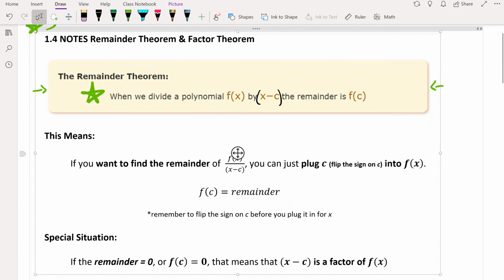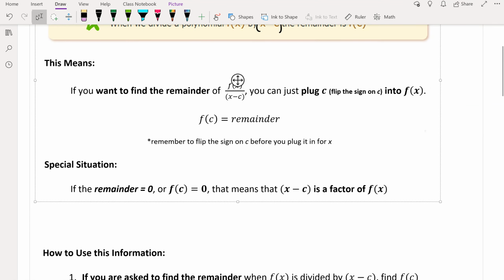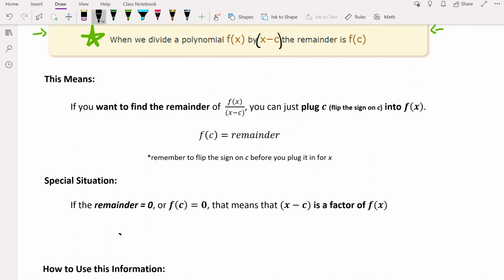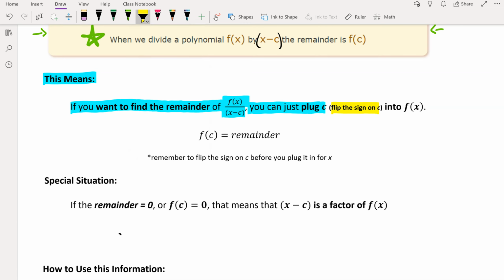Let's write down what this means now. You need to make sure that you get all of the "this means" part down. So this means if you want to find the remainder of f of x divided by x minus c, you can just plug in c, and this is very, very important: remember to flip the sign on c.